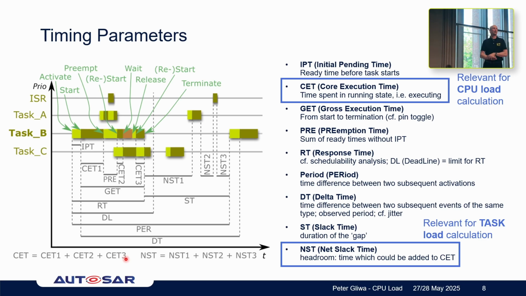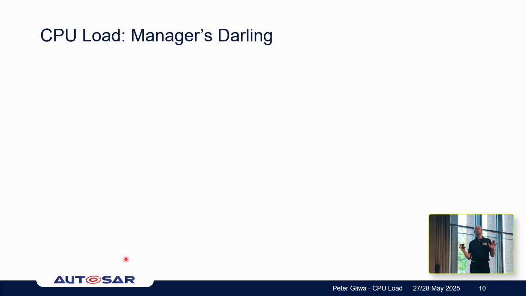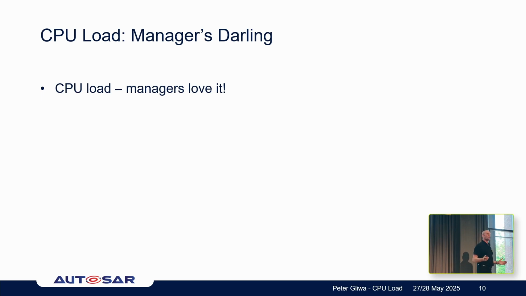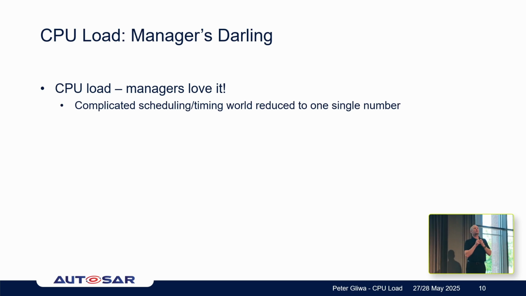And now I come to talk about the CPU load as such. First of all, the CPU load is the manager's darling, right? They just love it. Why do they love it? Well, it manages to compress scheduling, timing parameters, preemptions, interruptions, and all these ugly things into one single number.